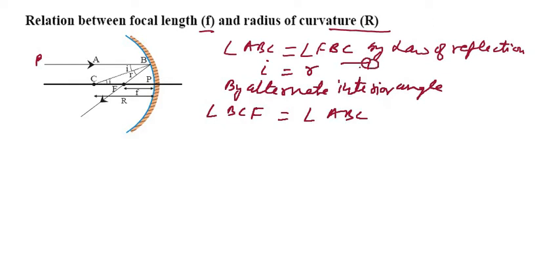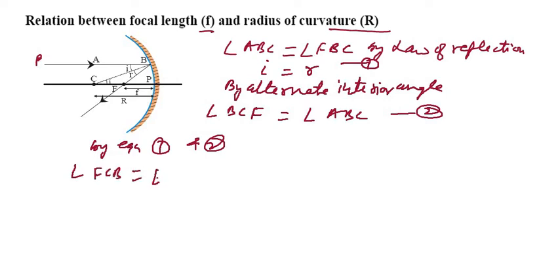So this equation is first and that is the second. By equations first and second, both the angles are equal. So you can say FCB is equal to angle CBF.